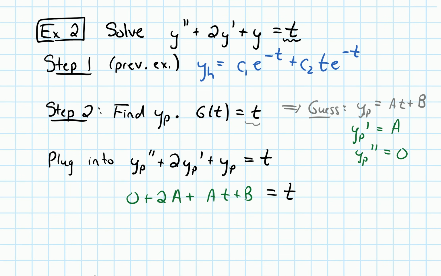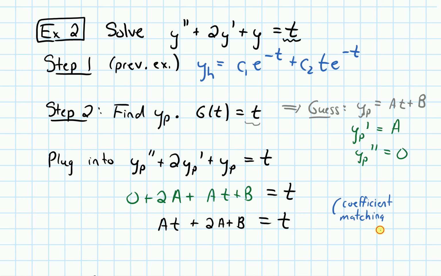All right. So what I'm going to do now is reorder the terms a little bit. Let's move the term with a t to the front here, and then move the terms that don't have a t to the end. So plus 2a plus b, and then the right-hand side stays as t. All right. So at this point, what we want to do is what's called coefficient matching.